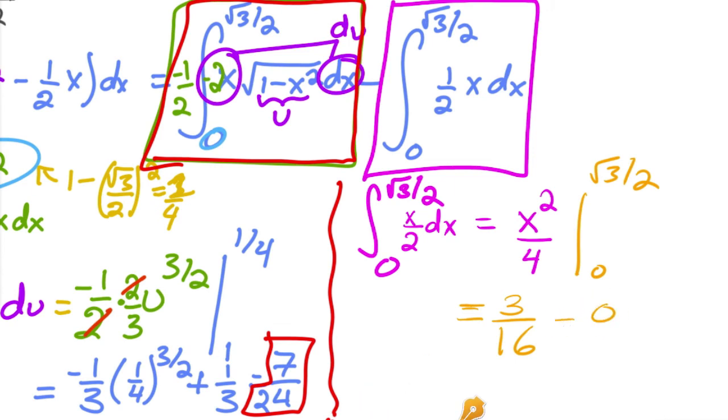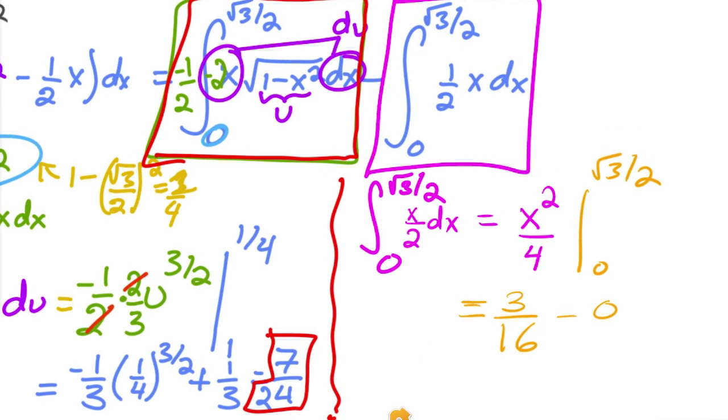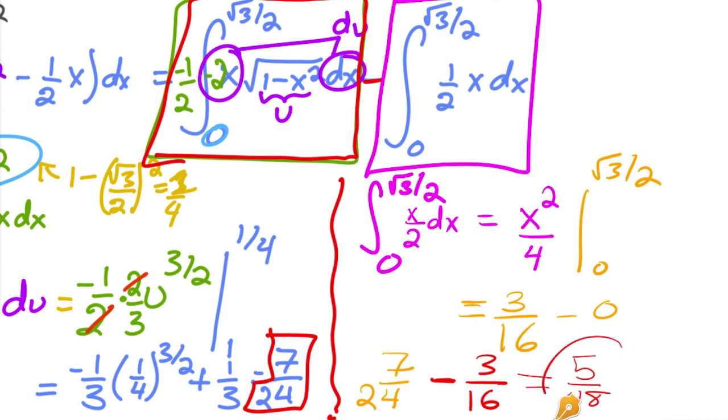And so then my result of that area is going to be 7/24, which is this one right here in the red, minus, because there's this negative, 3/16, which is equal to 5/48.